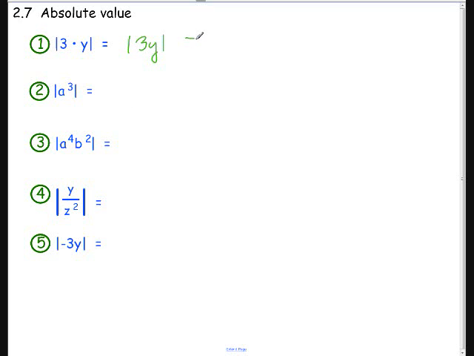Yes, we could say the absolute value of 3 times the absolute value of y equals 3 times the absolute value of y. Can we simplify that any further? We cannot. That's as far as we can go, because for all we know, y is a negative number.